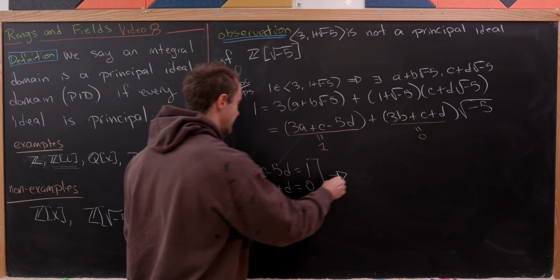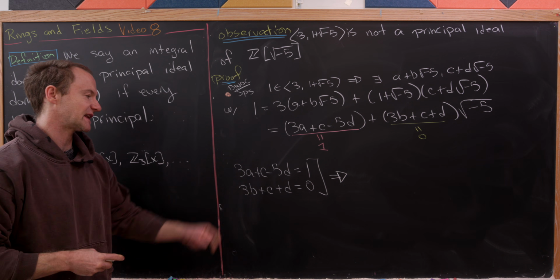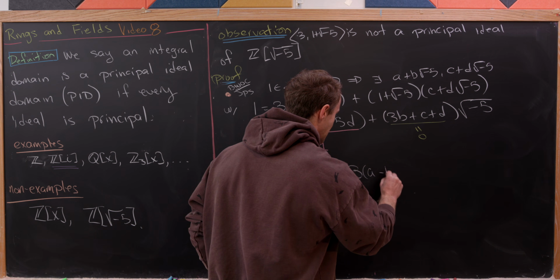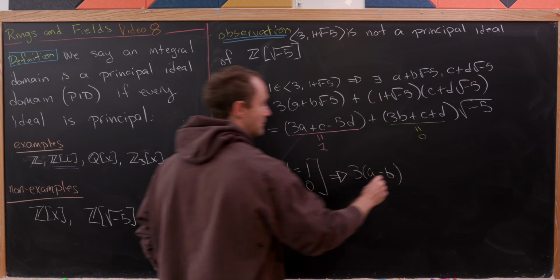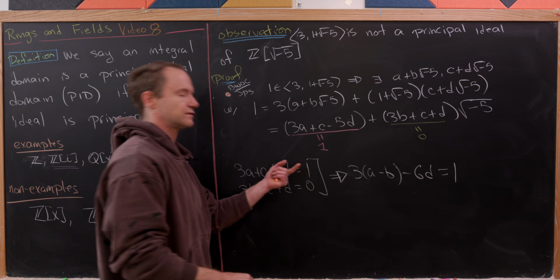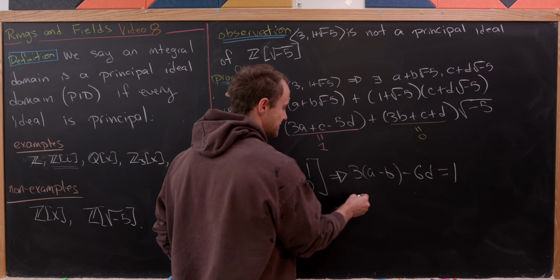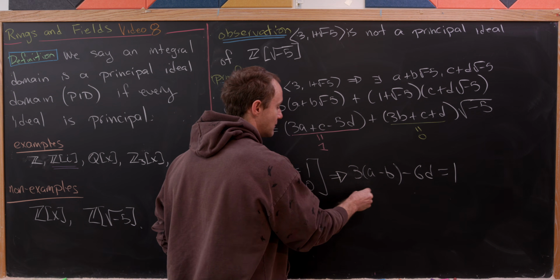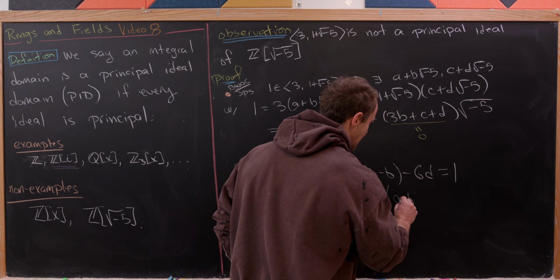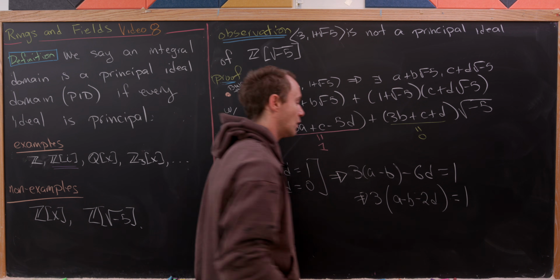Now we'll take the difference of those two equations. That's going to cancel the c out and leave us with 3 times a minus b, and then minus 6 times d is equal to 1, because we just got 1 minus 0 on the right-hand side. But now let's observe that this left-hand side is a multiple of 3. It can be written as 3 times a minus b minus 2d equals 1.